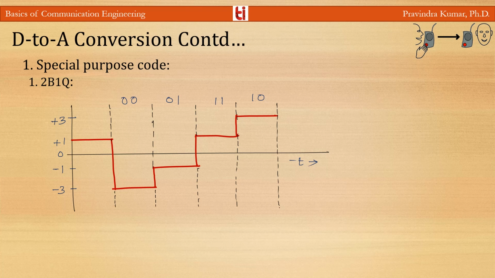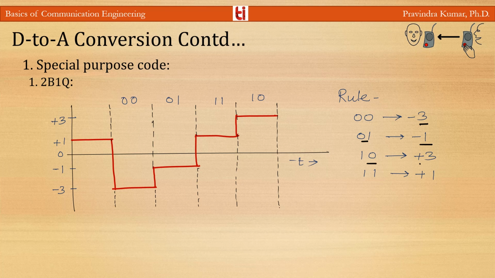The rule is: 00 is represented by -3 voltage level, 01 by -1, 10 by +3, and 11 by +1. So there are four voltage levels, and each voltage level is represented by 2 bits.